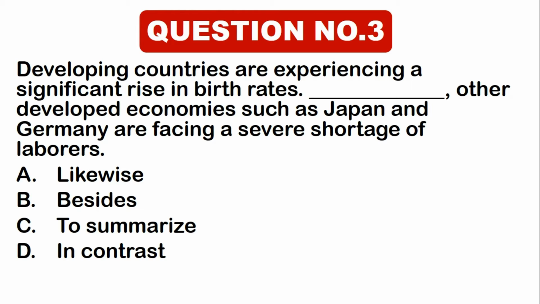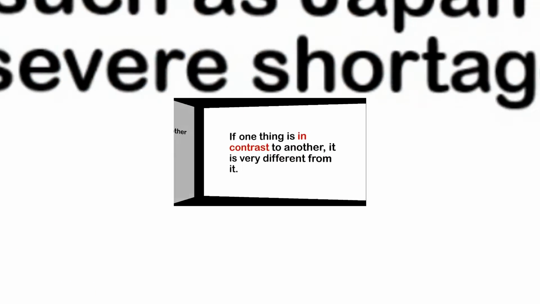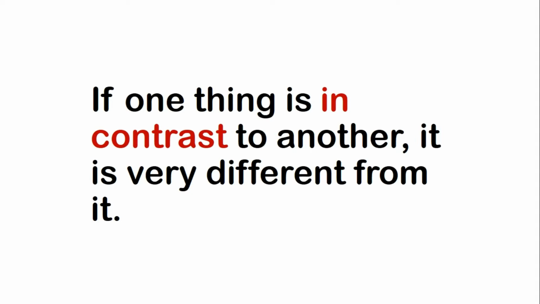It shows the difference between that of developing countries and that of developed economies. So the correct answer is in contrast. One thing is in contrast to another. It is very different from it. So, in contrast.